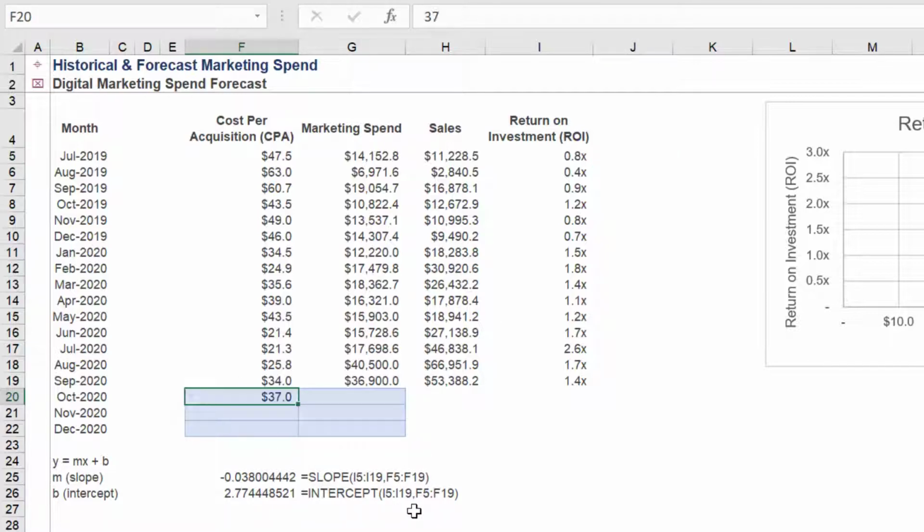Next, we can input our projected cost per acquisition and marketing spend for the next 3 months. Note these numbers are for illustrative purposes only, in order to demonstrate the application of our forecast ROI formula thanks to the slope and intercept functions in Excel.